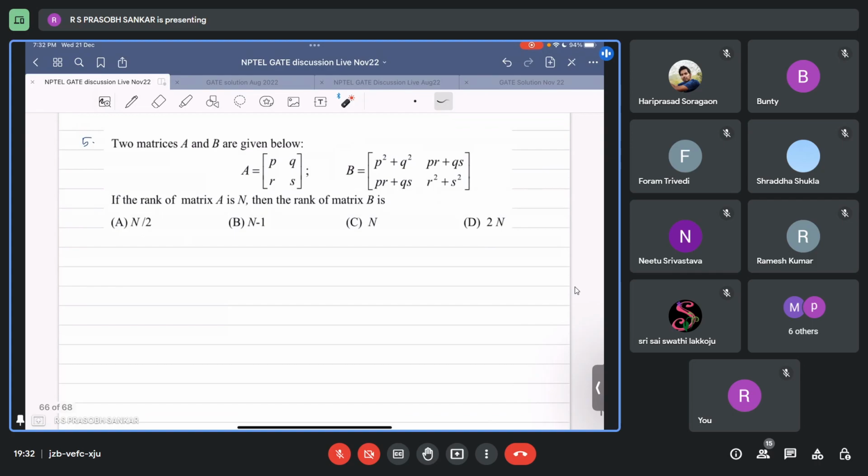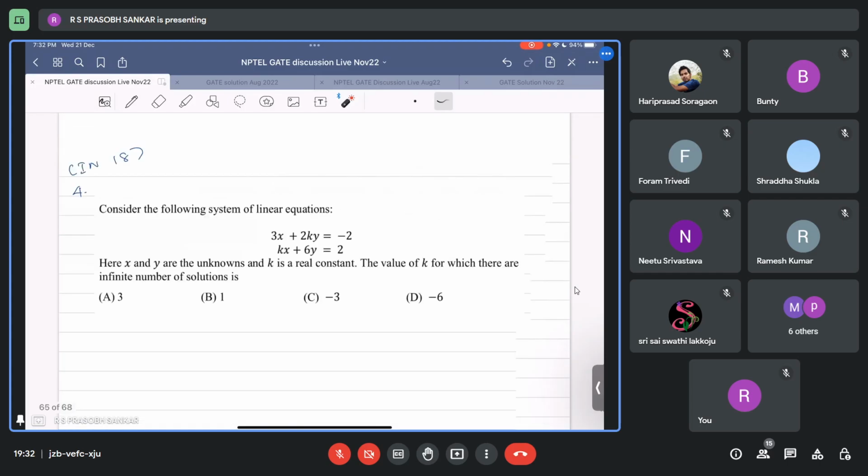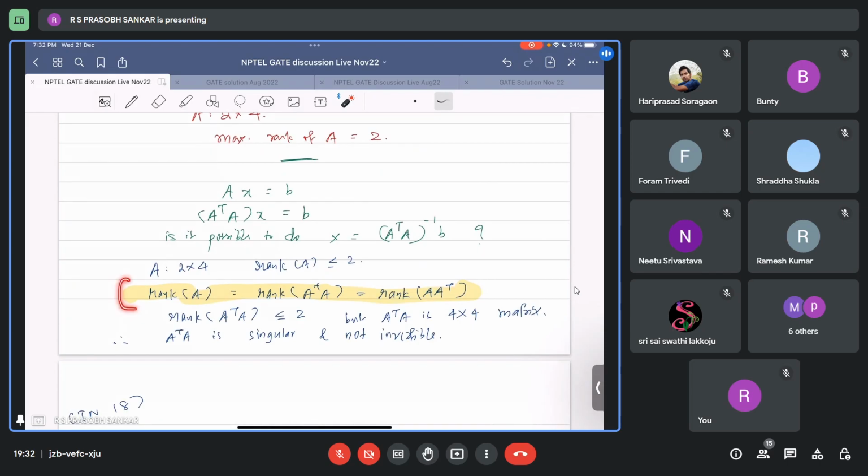In general, if we are given two matrices, it is not possible to find the rank of one matrix in terms of another. But this result is interesting. Let us write it once again.